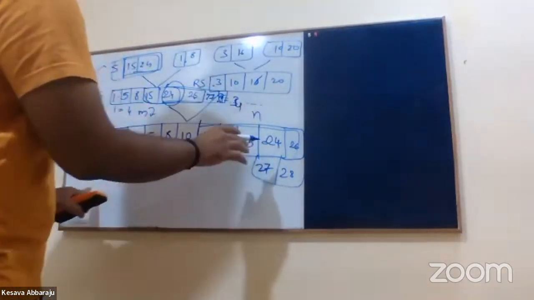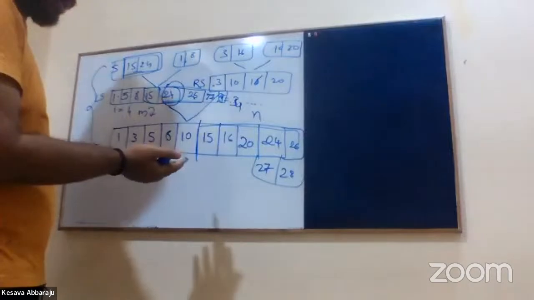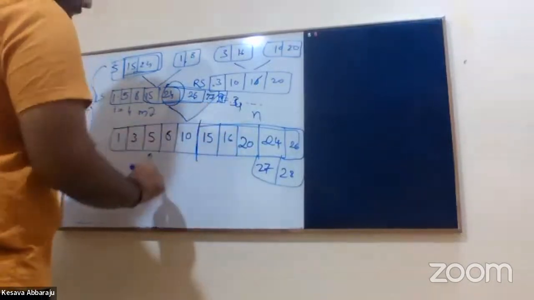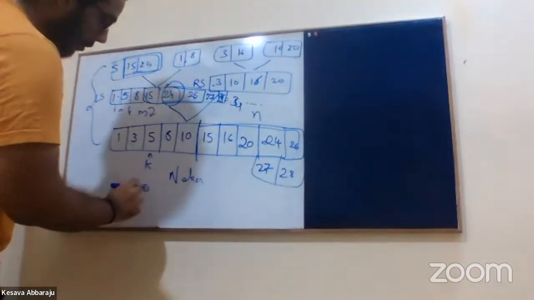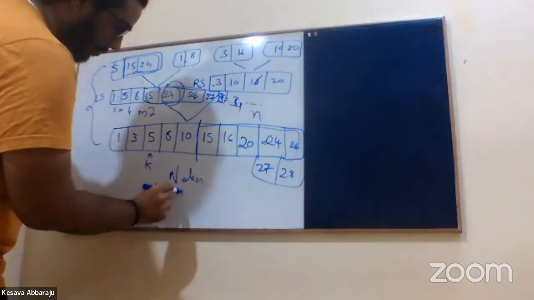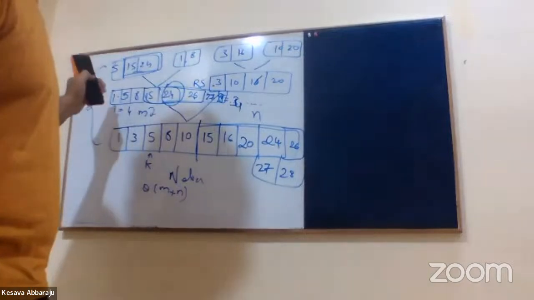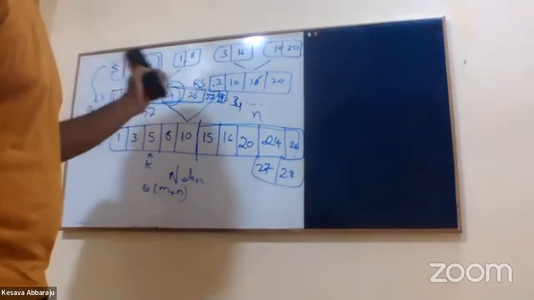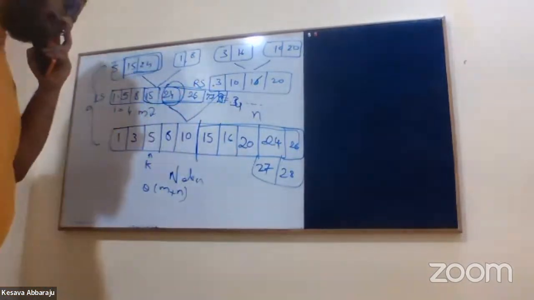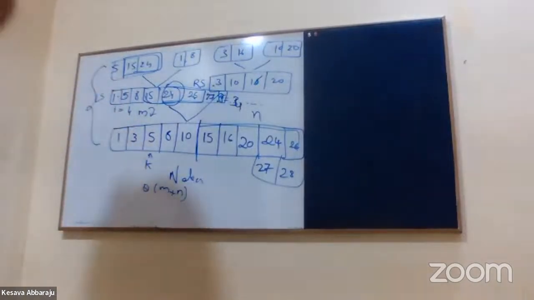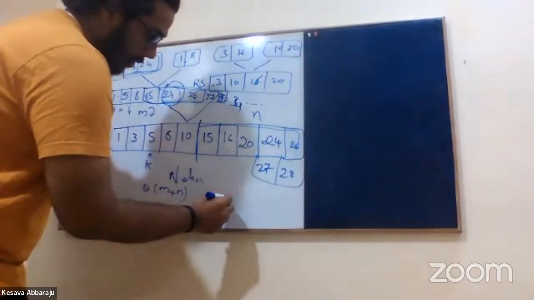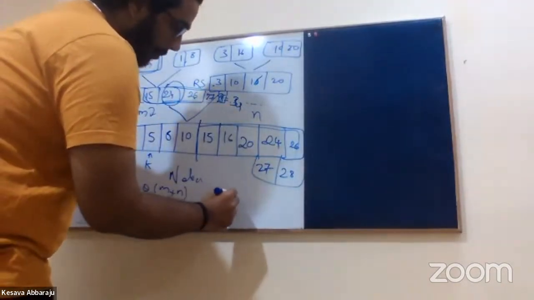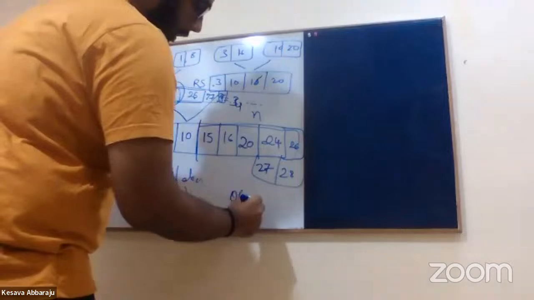In total, the given unsorted list may have n elements. So it will take a time complexity of m plus n, because we want to add each and every element from the left subarray and right subarray into our result. So when we combine this, our time complexity for merge sort will be n log n.